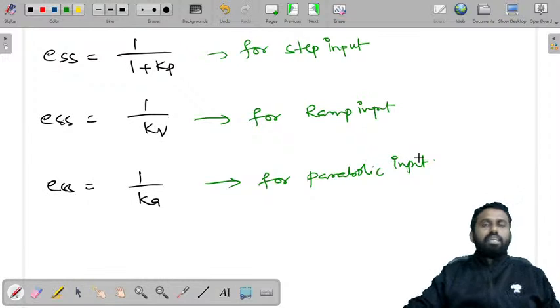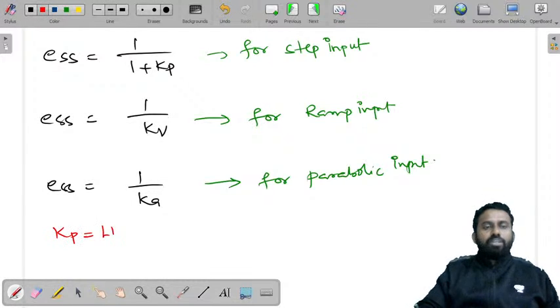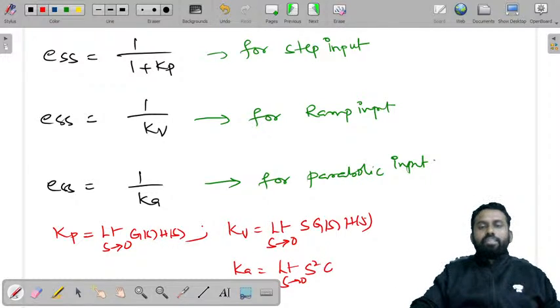So these are steady state errors. And also we got error constants as kp is equal to limit s tends to 0 of g of s into h of s, and kv is equal to limit s tends to 0 of s into g of s into h of s, and ka is equal to limit s tends to 0 of s square into g of s into h of s.